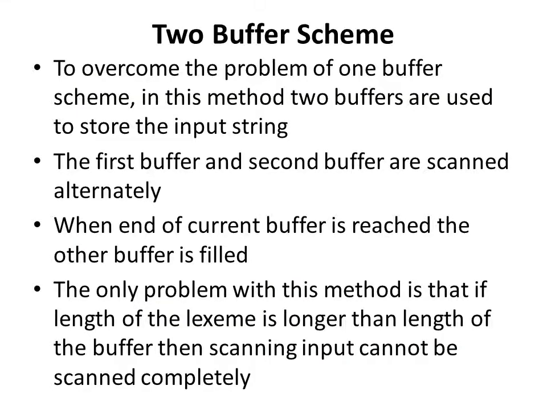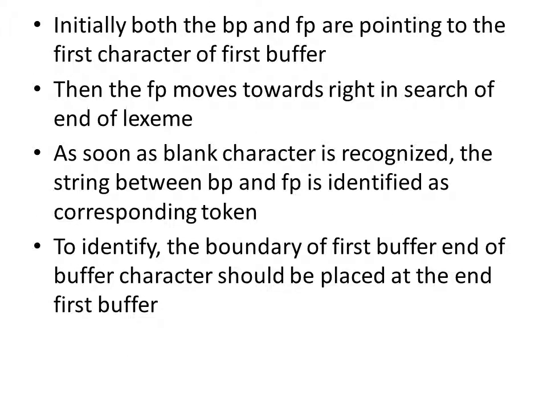Coming to the two buffer scheme, to overcome the problem of the one buffer scheme, two buffers are used to store the inputs. The first buffer and the second buffer are scanned alternatively. When the end of the current buffer, the first buffer, is reached, then the second buffer is filled. The only problem with this method is that if the length of the token is longer than the length of the buffer, then the input cannot be scanned completely.